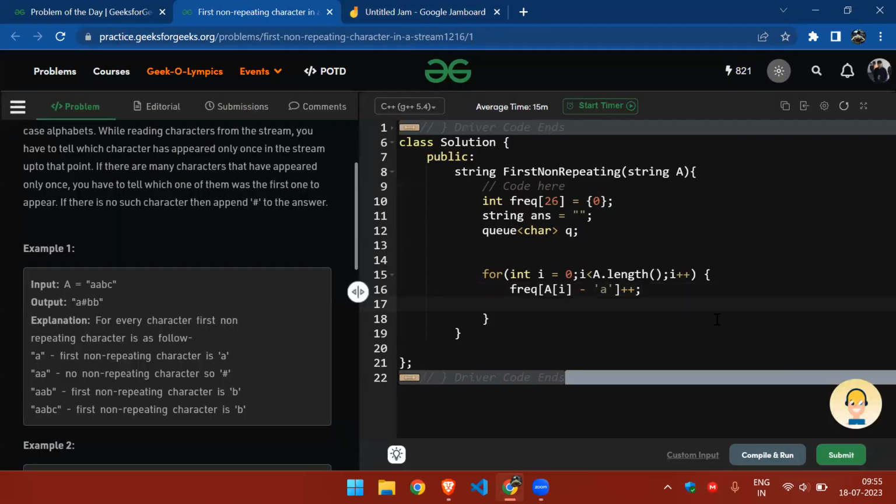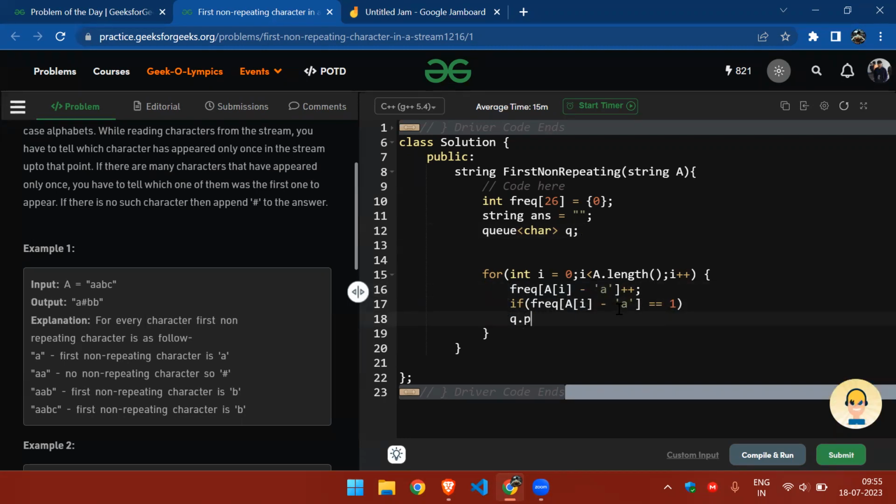Since I have kept a record of frequencies, I'll push only those elements whose frequency is 1, which means the characters that have appeared only once, into my queue. So if frequency is 1, then push it into the queue.